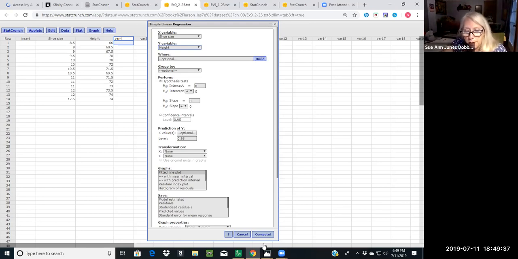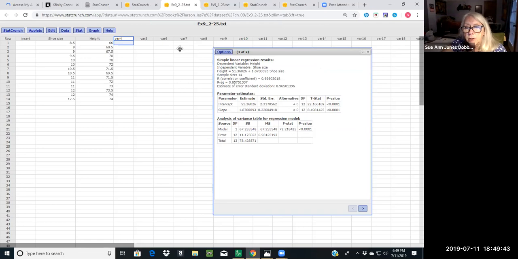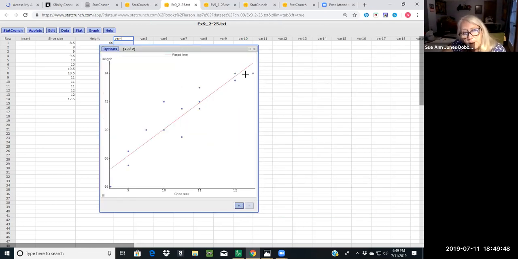Okay, so I'm going to go ahead and compute it. And then before I analyze the results, I'm going to look at the scatter plot. And you know, it's not perfect, but it actually looks like a reasonable linear correlation here to me.